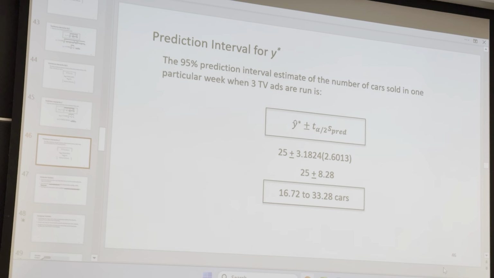But the point over here was that when you are using your sample regression line and you get 25 cars, it doesn't mean that you are going to be selling 25 cars next month. There is going to be a range. So the bigger the range, the more confident you are. But we also have to look at whether I'm predicting mean sales, or whether I'm predicting sales for just 1 month. So that's what we're looking at.